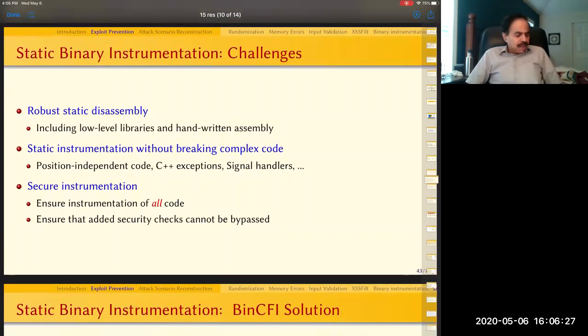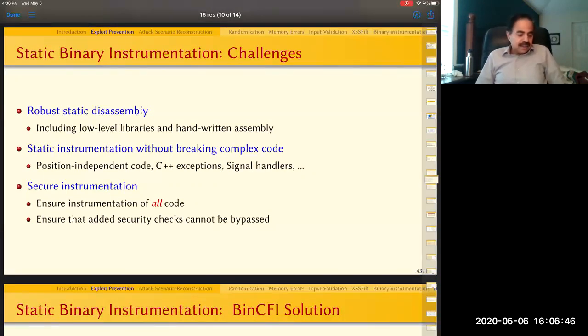So we have talked in general terms about some of the challenges, such as disassembling itself is quite difficult. Disassemblers can get confused with complex binary code.